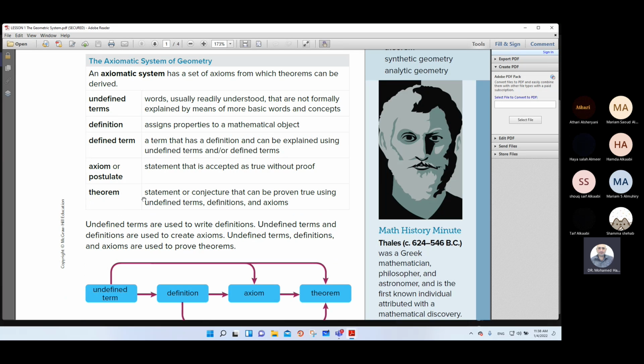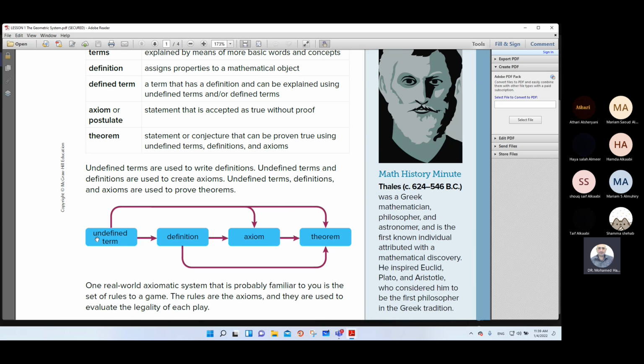Theorem means a statement or conjecture that can be proven true using undefined terms or definitions and axioms. So we have undefined term, then definition, then axiom, then theorem.